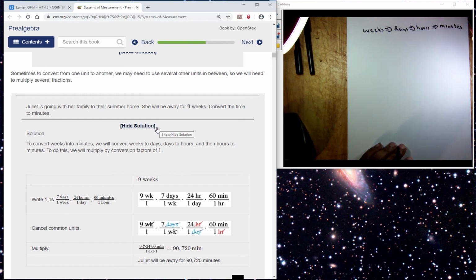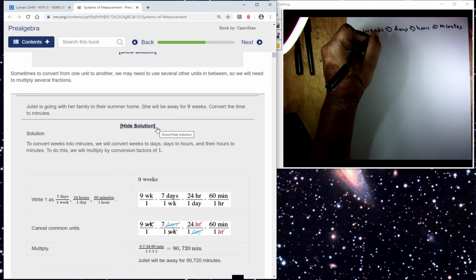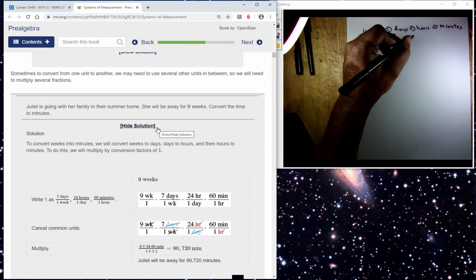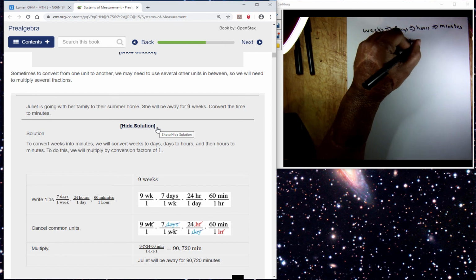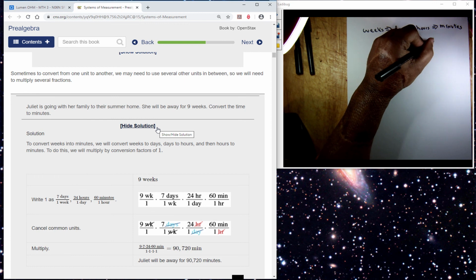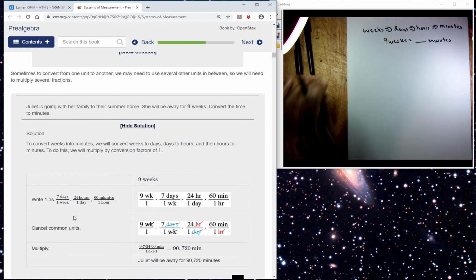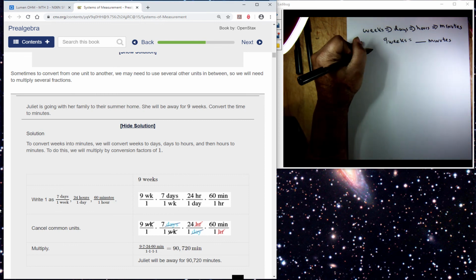It's a good idea to go ahead and have a plan and put it on paper beforehand. So I want to convert 9 weeks into so many minutes. So when I daisy chain this stuff together, I have 9 weeks.